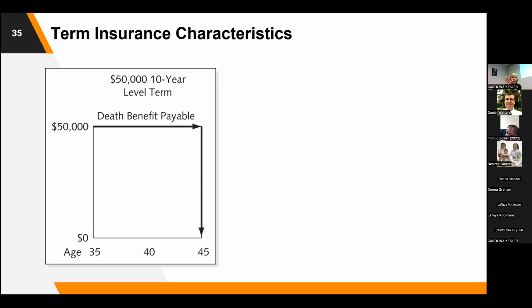But if you get decreasing term, the face amount will go down. If you get increasing term, the face amount will go up. That's simple. That's term insurance. That's how complicated it is, right? It's the whole life that gets really nasty, because they try to come up with all kinds of different things to compete with us.